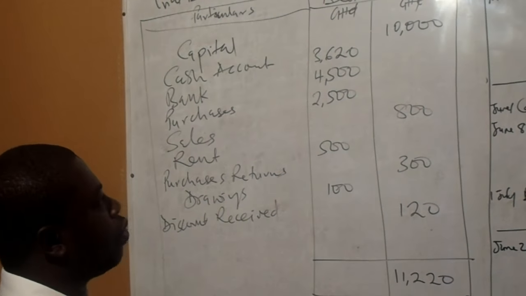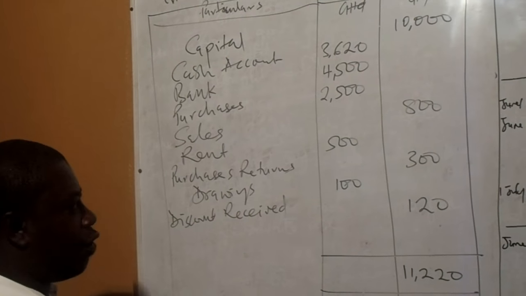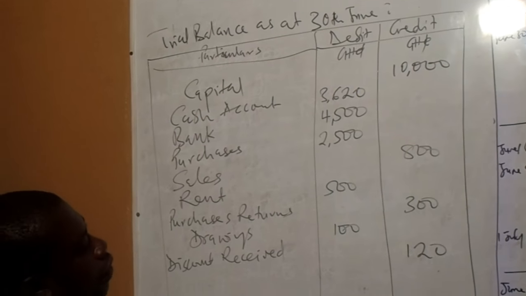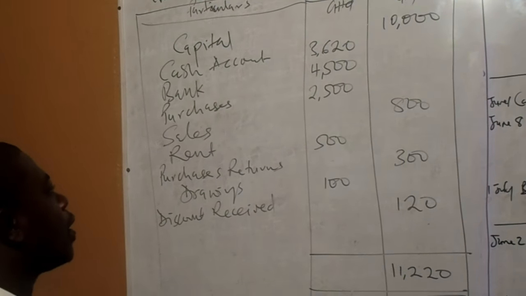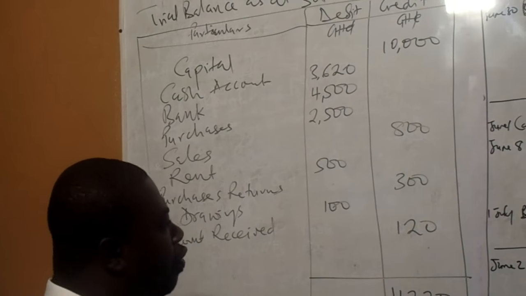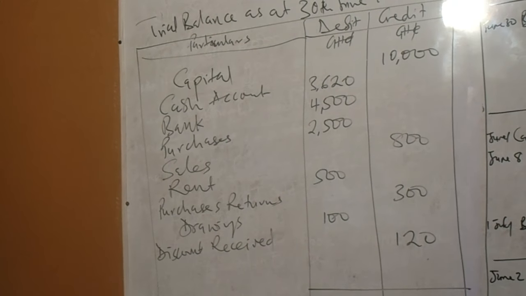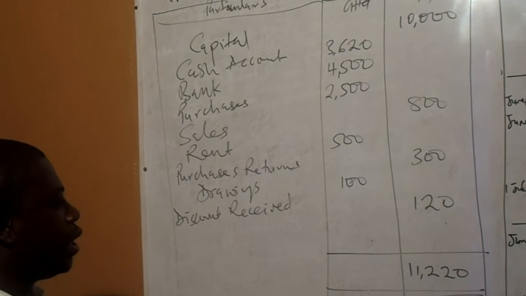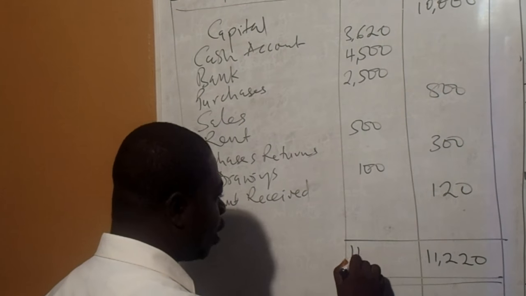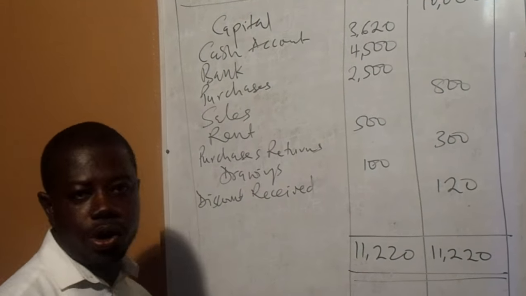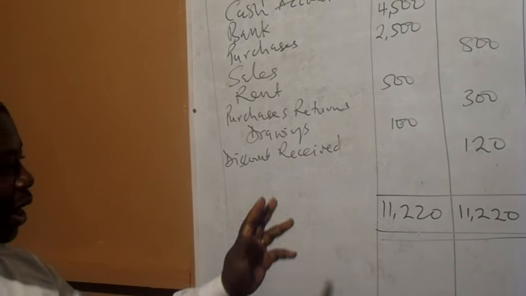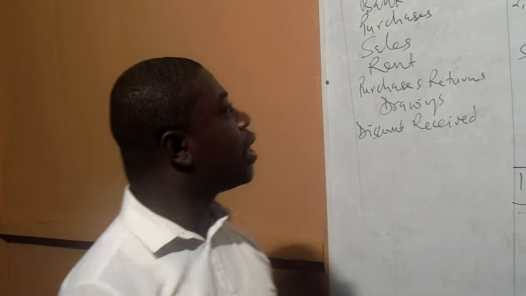Adding this, you have 8,120 plus 2,500, you have 10,620, plus 500, you have 11,120, plus 100. That is 11,220. So we could see that both the debit side and the credit side has balanced.